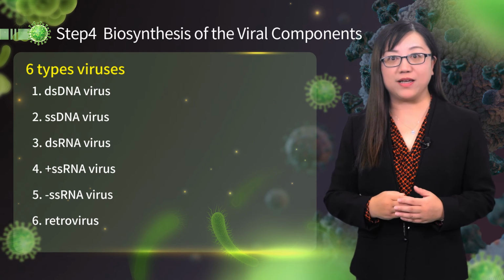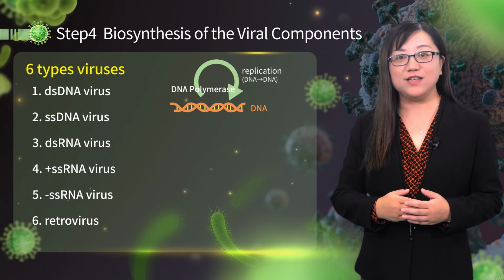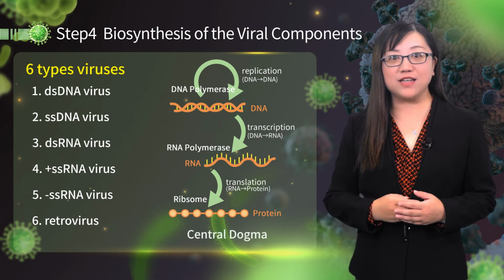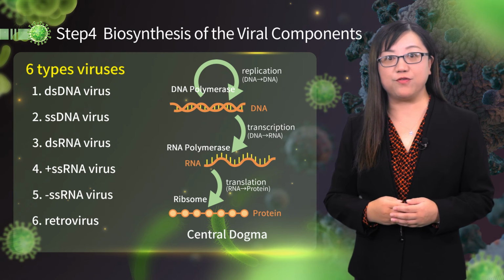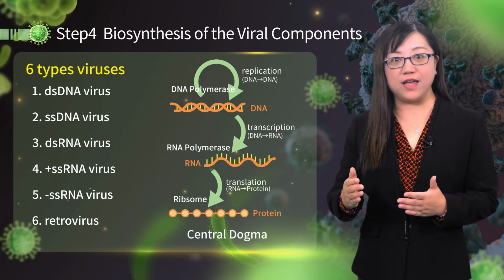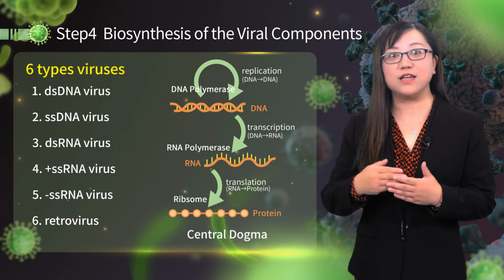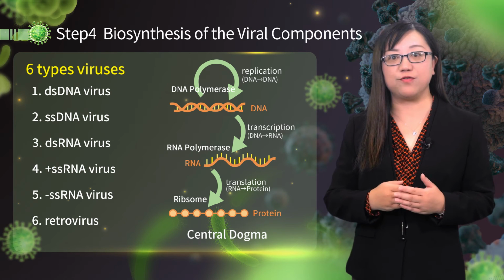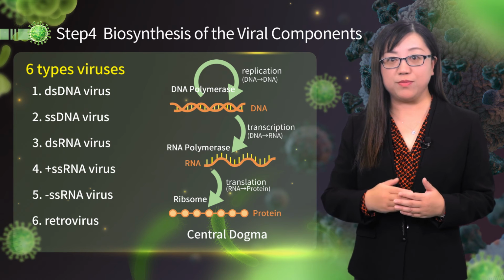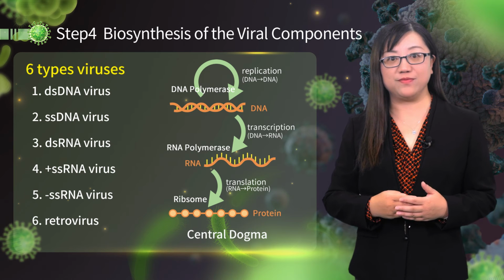All the viral replication obeys the central dogma, DNA to RNA to protein. The genetic information is transferred from parent to offspring via DNA duplication. Within the cell, genetic information is transferred from DNA to mRNA by transcription and then to protein by translation.